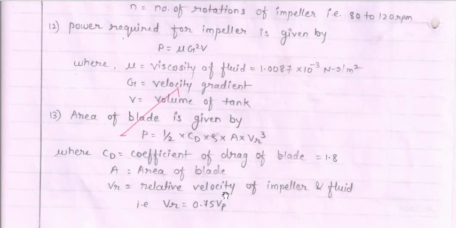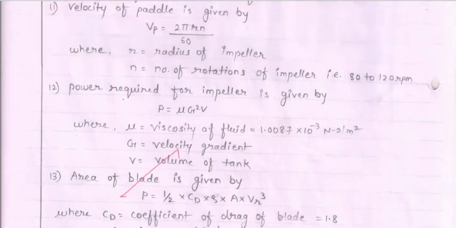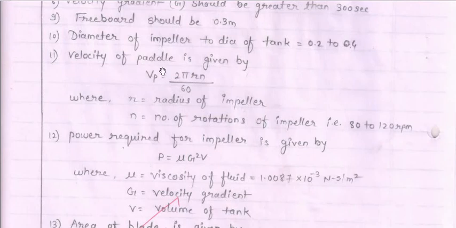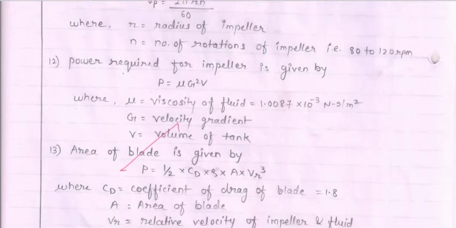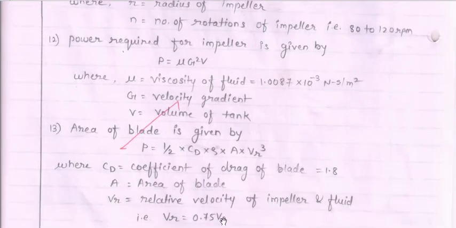Now what is the difference between relative velocity, and why is it associated with the impeller and the fluid? When the paddle, with velocity Vp, is moved with the help of the motor or the power, the fluid will also move, and hence the relative velocity is the velocity of the fluid with respect to the velocity of the paddle.